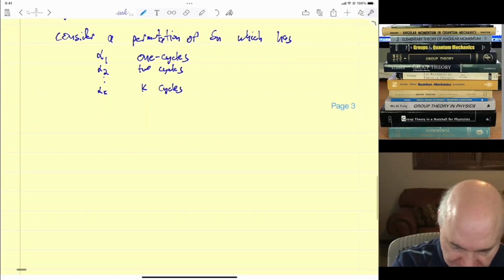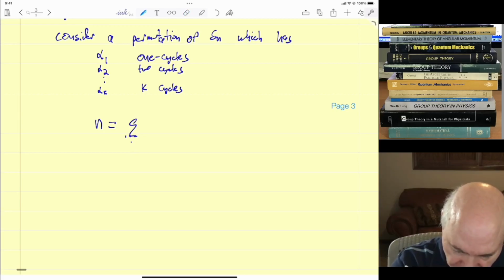Now, each cycle has, like a 1 cycle has 1 element, a 2 cycle has 2 elements. So we have to get a total of n elements because we're a permutation of Sn. So the relationship is very simple: n is equal to the sum from j equal 1 to k of j alpha j.